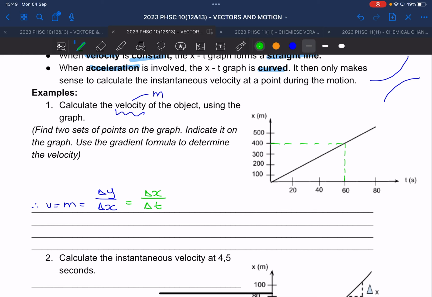So that's 1 point that we can use, 400. Did you take out your ruler? Did you make dotted lines? Another point that we can use there is the origin, the starting point there at 0, 0. That's an easy one. So this is our initial point, this is our final point.